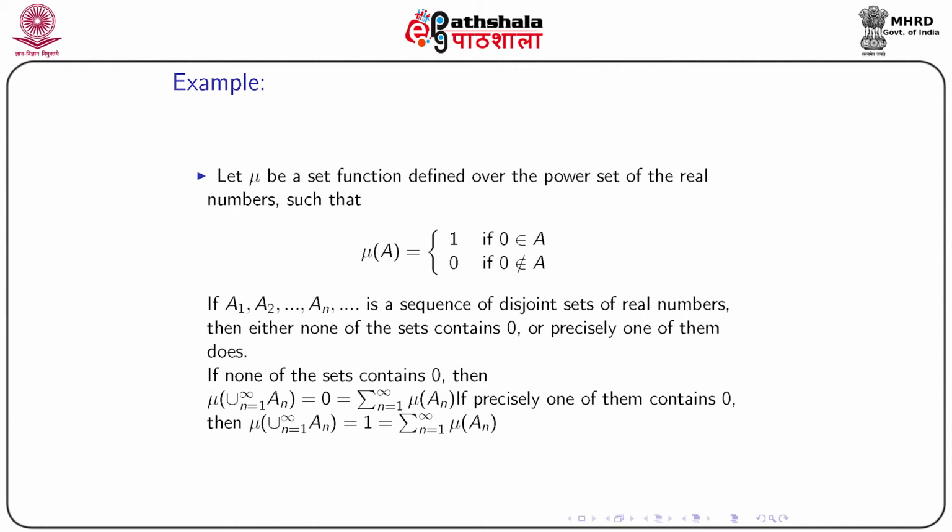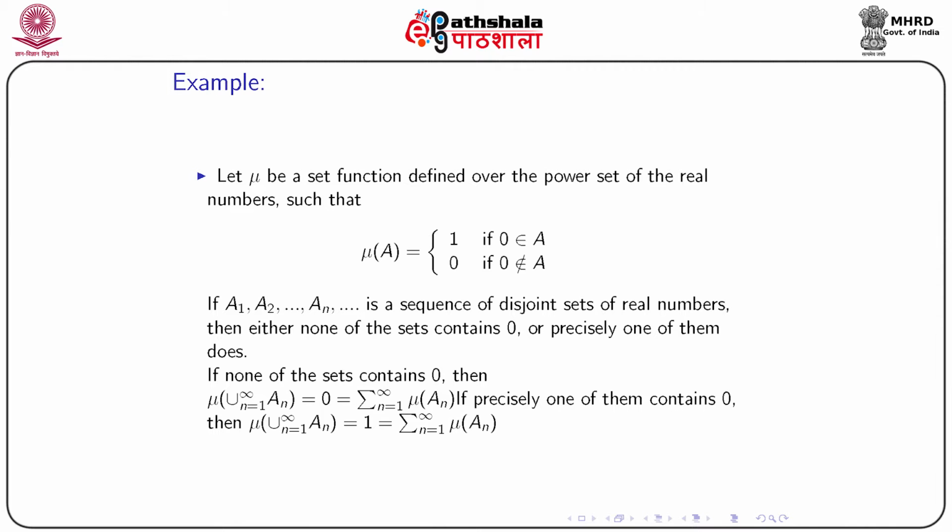On the contrary, if precisely one of them contains 0, then what will happen? On the left side, if I consider mu of the union over i from 1 to infinity of Ai, in all these Ai's 0 is contained, so mu must be 1, and it is contained in only one set.